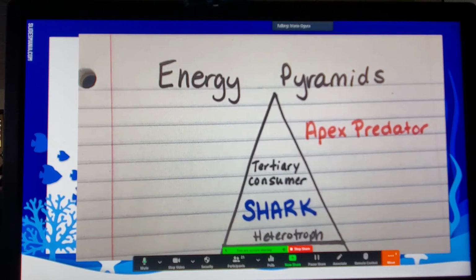Okay, so at the top we have what we call the apex predator. This is the top of the food chain. And you'll see that there's less of them. Think of the wide base of the pyramid with plants. There's a lot more what we call biomass.